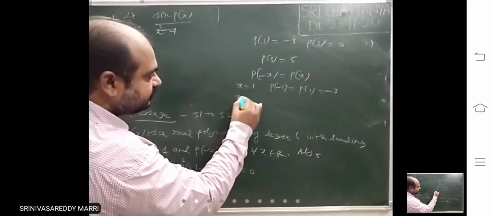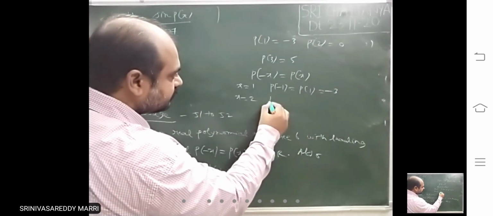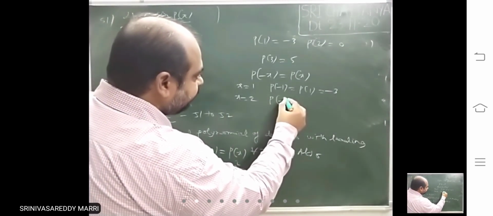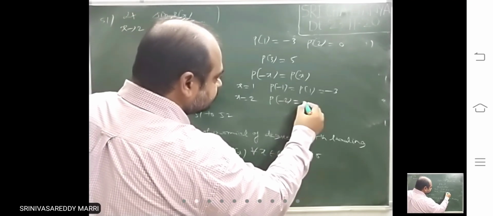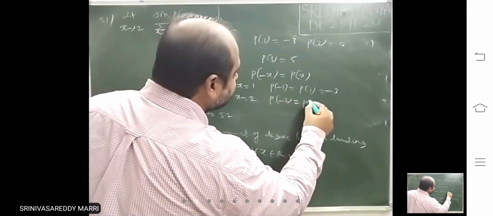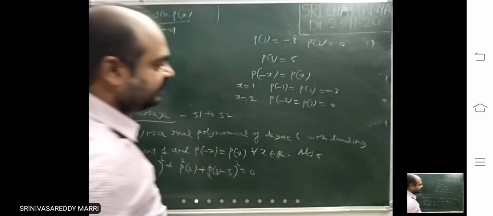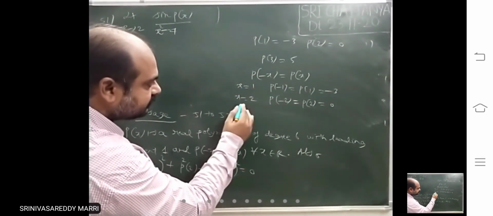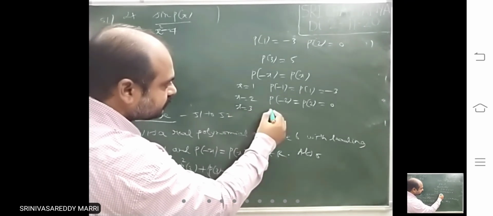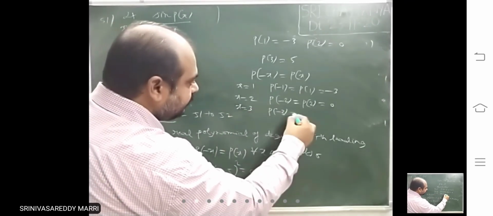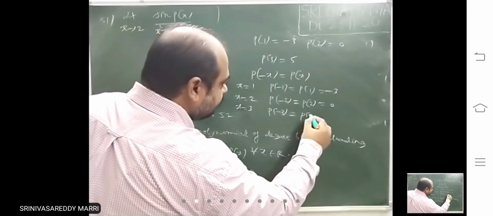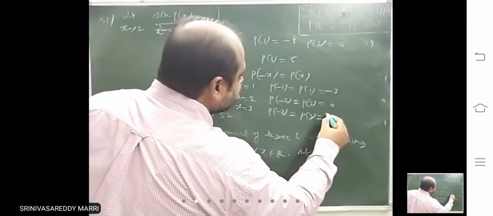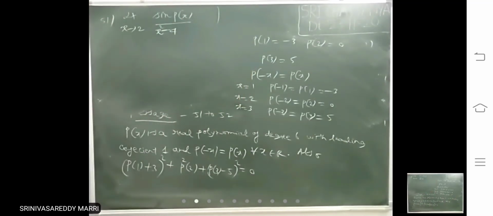Now if you substitute x equal to 2, P of minus 2 equals P of 2, and P of 2 is given as 0. Now x equal to 3: P of minus 3 equal to P of 3 equal to 5. Now you can observe how to evaluate the polynomial.